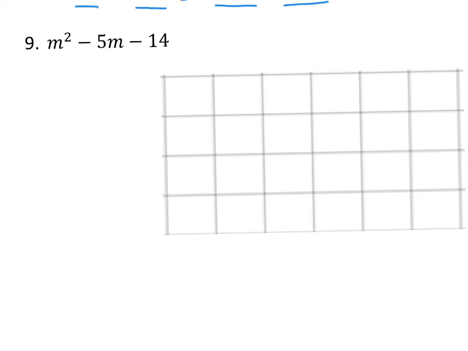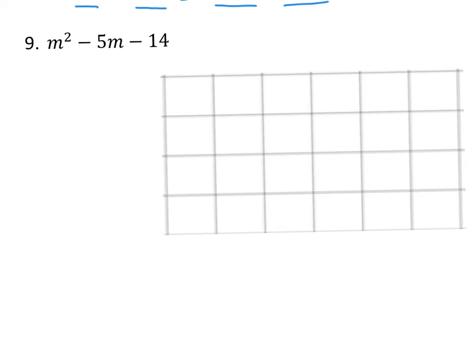As long as we put the first term in the first box and the last term in the last box, you can't go wrong because you're going to get the product of the first and the last, and it's going to turn out that it's going to be positive 2 and negative 7m.